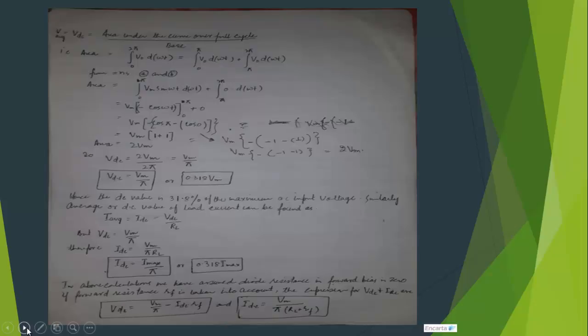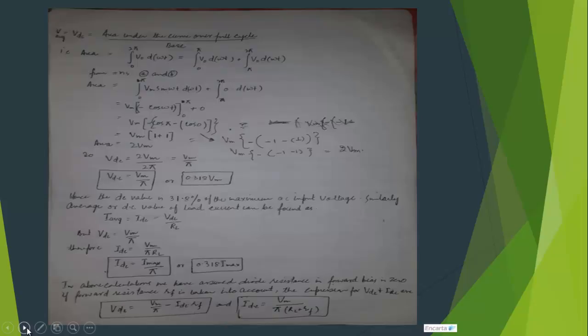Putting the values of V naught in this expression between the limits 0 to 2 pi, it becomes two cases. V naught is equal to Vm sin omega t from 0 to pi, and again V naught is equal to 0 for pi less than or equal to omega t less than or equal to 2 pi.